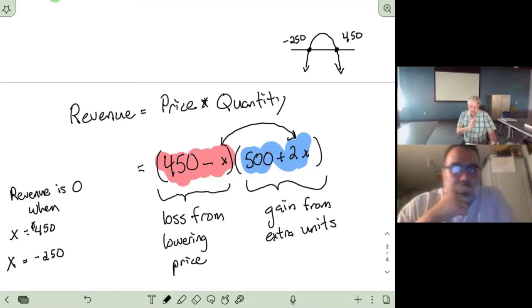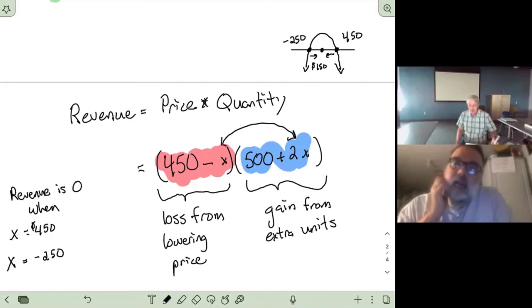Right in between them, the difference there is 700, so you have to go 350 each way to find the middle, and so that middle should be 150 if I did it right.